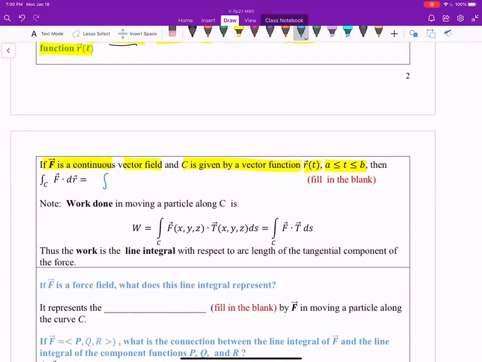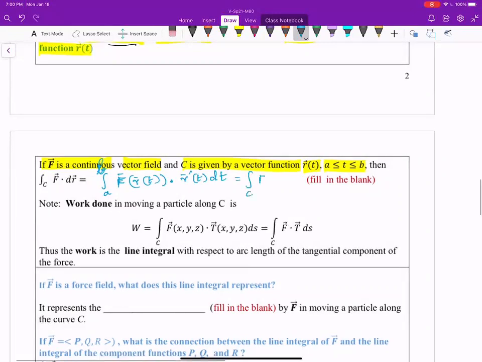We are going to convert everything to t. So the variation for t is the integral from a to b of F of r of t, then dot dr would be r prime t dt, which in turn can be written as the integral over C of F dot T ds.